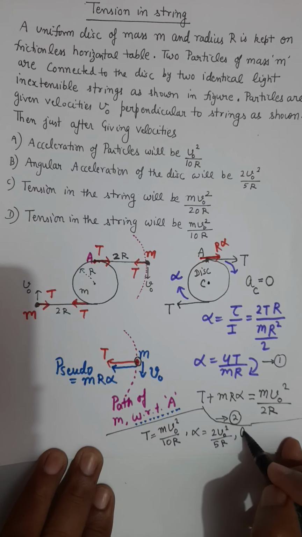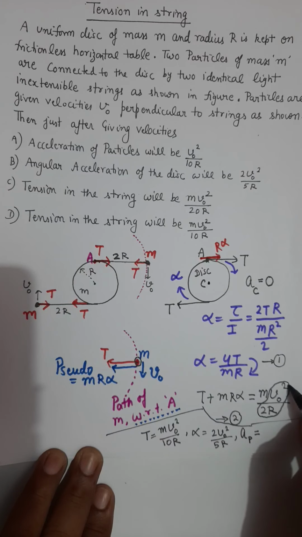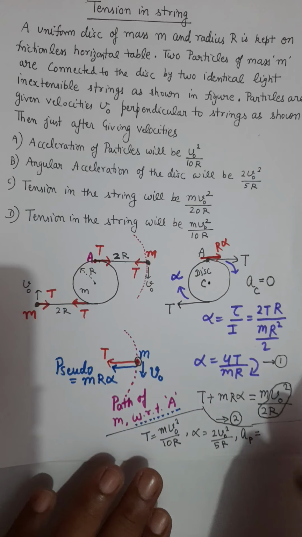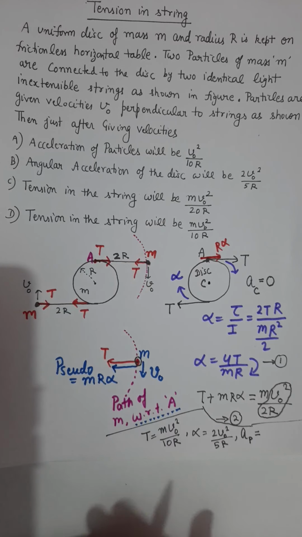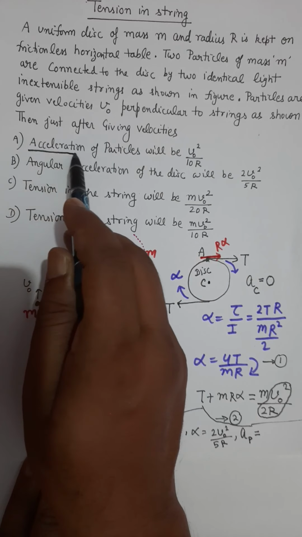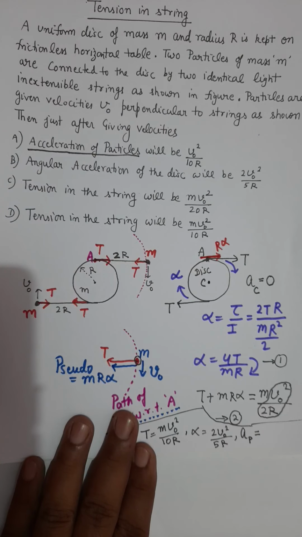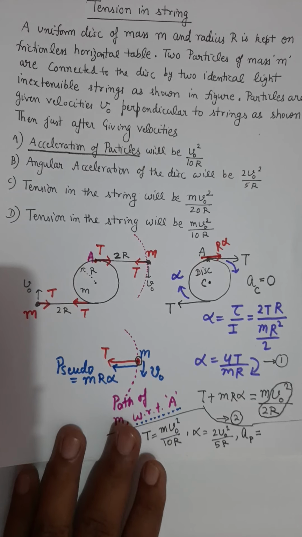And then the acceleration of the particle is nothing but this factor. Notice that because the particle is in a circular trajectory, there is a point now. Acceleration of particle, according to the options: they have not specified whether the acceleration is relative to point A or relative to some inertial frame.